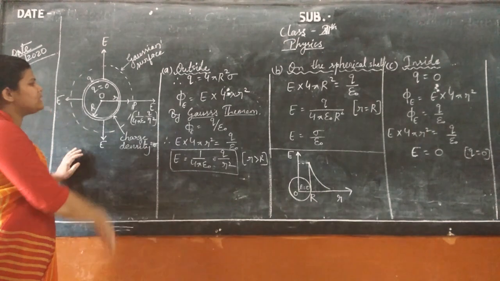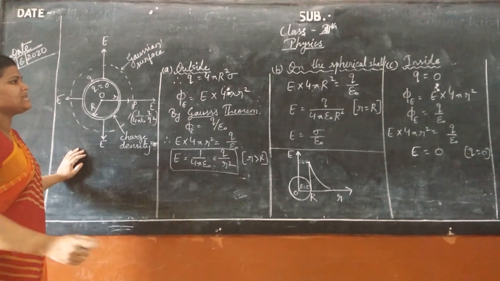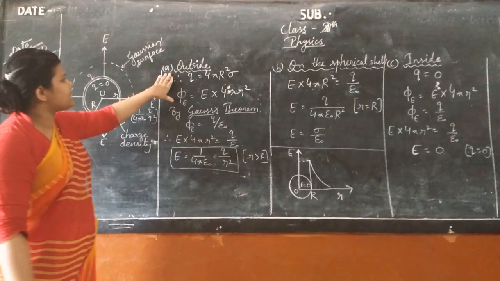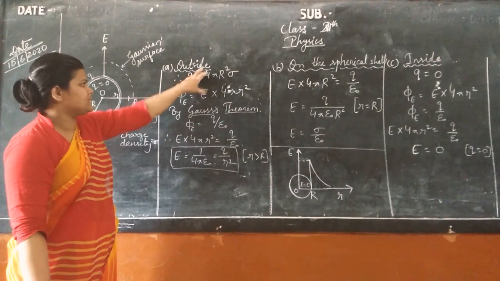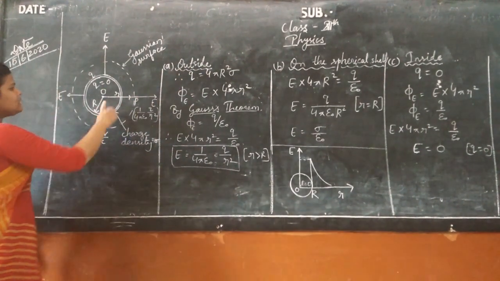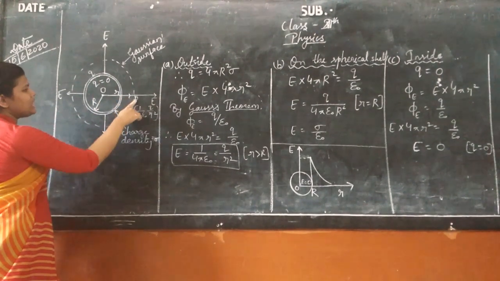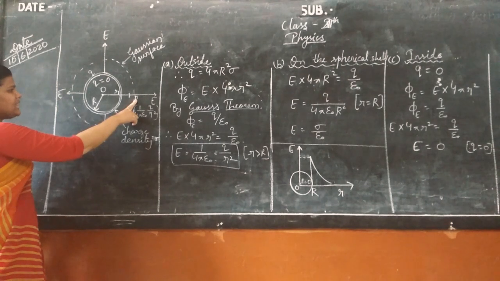Now let's find out the electric field at different points. First one you can see here, it is written outside. So outside the shell, take any point P. Here is one point P outside the shell.